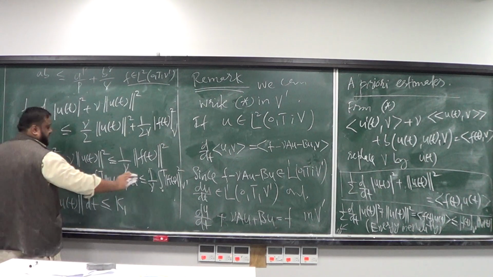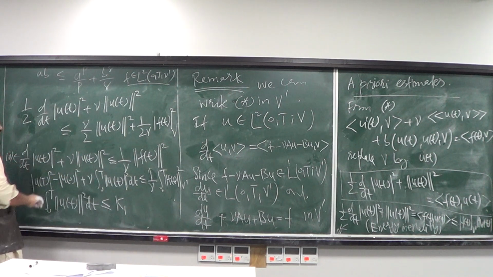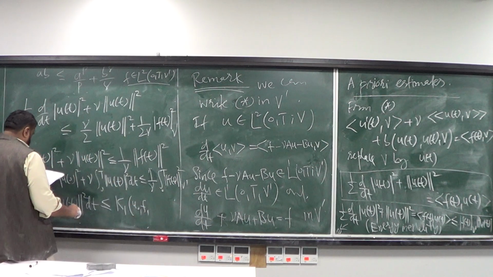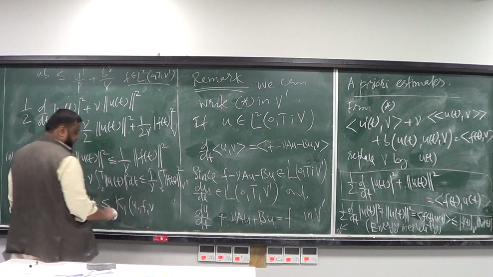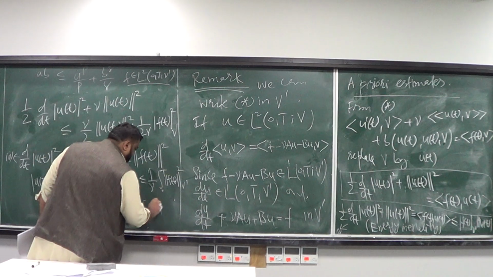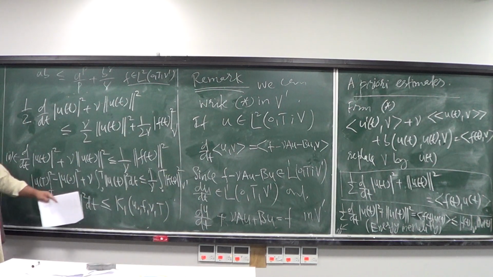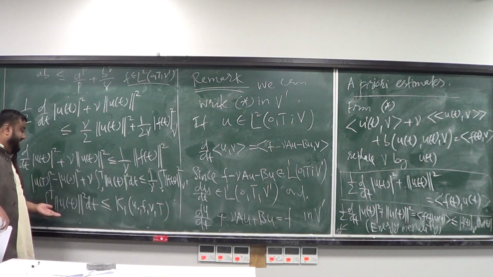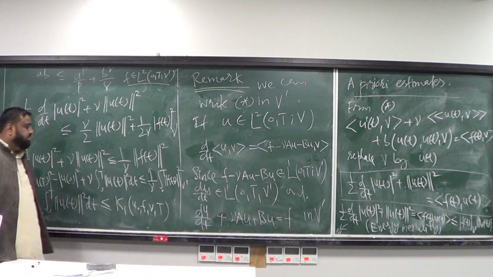I can send all of this to the other side and call it a constant. This constant depends on u₀, on f, on ν, because this constant is going to appear, and on the capital T. So for any capital T, u(t) in the V norm is square integrable, and this estimate is true uniformly.